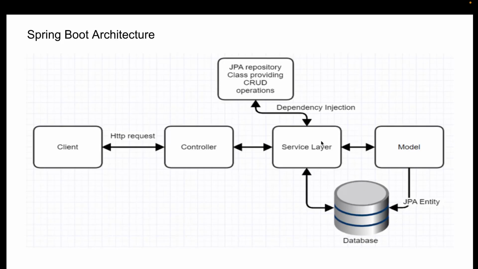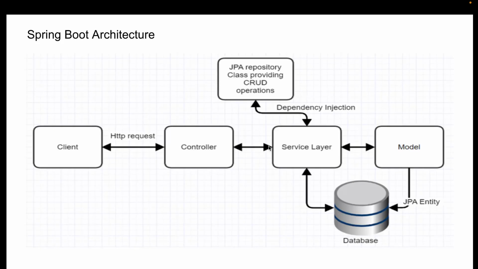And for this service layer, I talked about dependency injection, right? The service layer will need the help of the database layer or the repository layer to fetch the information, because the repository layer will talk to the database directly, and this repository layer's object will be needed in the service layer. And this is an example of dependency injection. Your controller would need the help of your service layer.